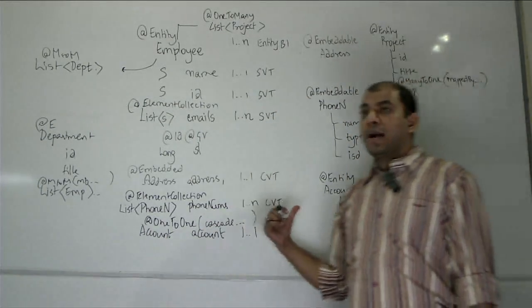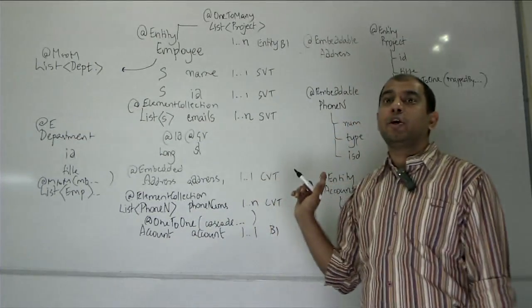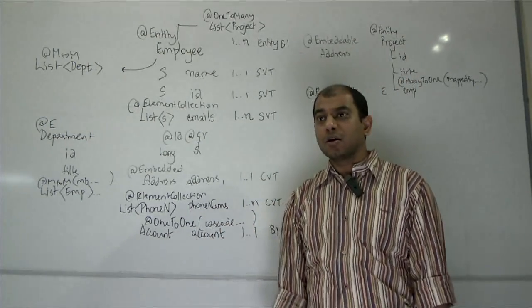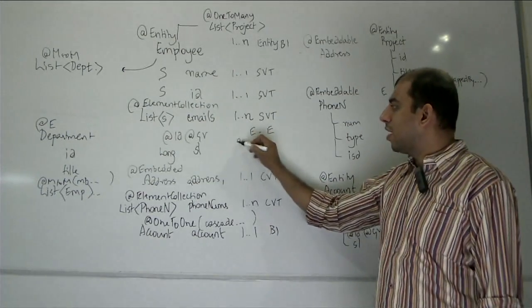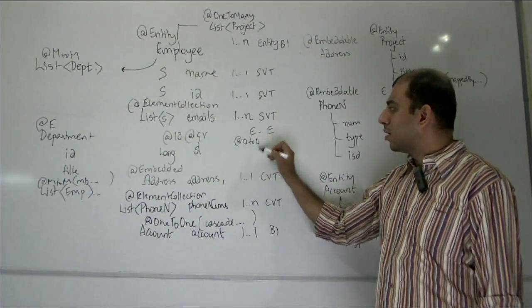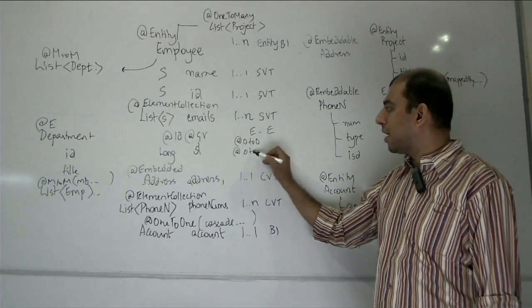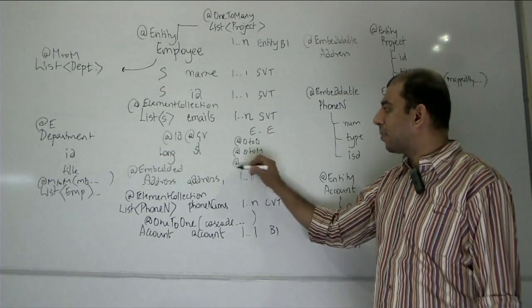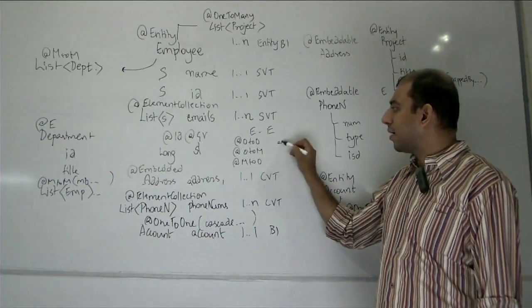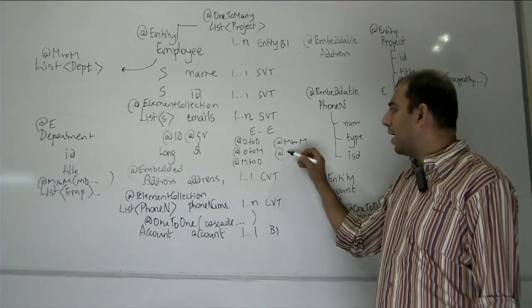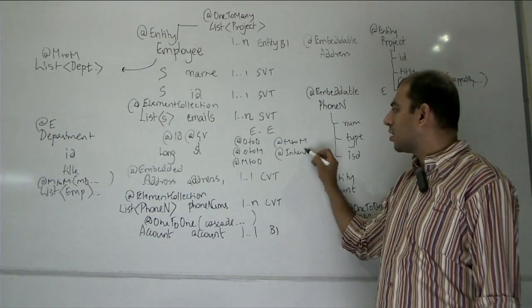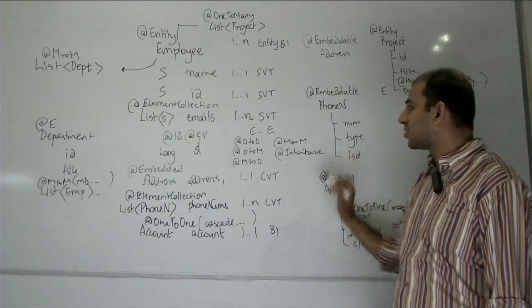@OneToOne, @OneToMany, @ManyToOne, and @ManyToMany, right? So specifically if you look at entity to entity, what all do you have? @OneToOne, right? @OneToMany, right? @ManyToOne, @ManyToMany, and you also have @Inheritance with strategies, correct?